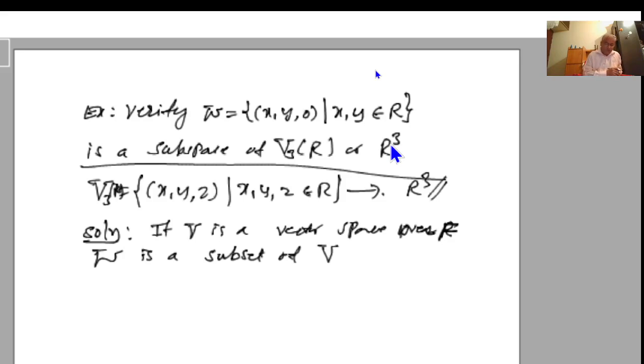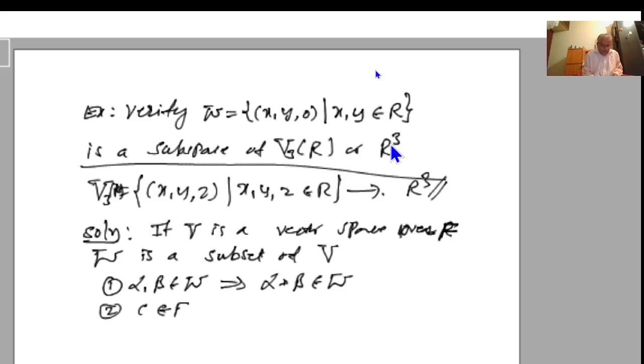W is a subspace of V if and only if, first theorem, two conditions. Alpha, beta belong to W implies that alpha plus beta also belongs to W. Second condition: C belongs to F, alpha belongs to W implies that C alpha also belongs to W. This is the first theorem.